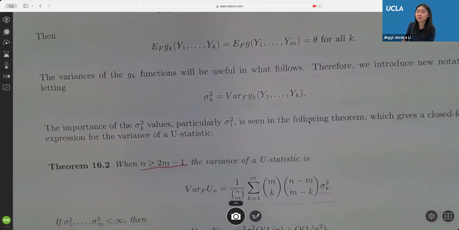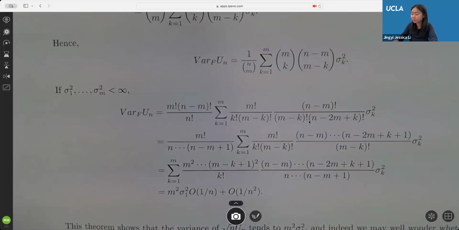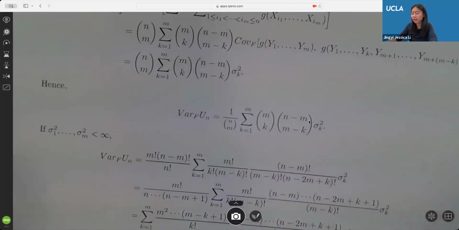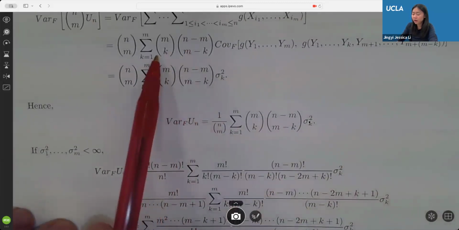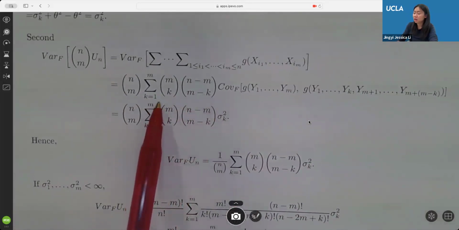You need to sample m from n, so if n is too small, you won't have completely non-overlapping terms. Basically everything becomes correlated. But when n is larger than m, for the covariance part, we only need to consider when the two terms overlap by K.